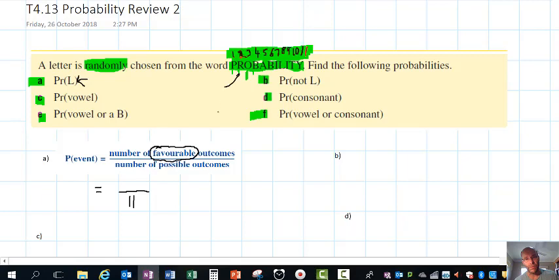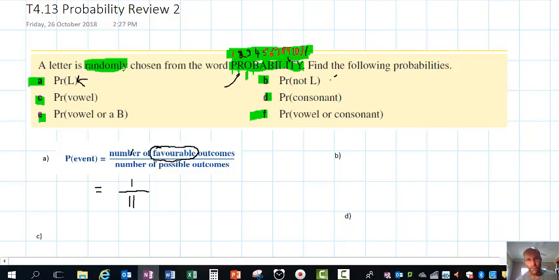How many L's are there in probability? Well, there's one. So the answer would be 1/11th. You don't have to convert it to a decimal; that's completely optional. Okay, so that's the first one. Just remember, it's important to write down the formula.